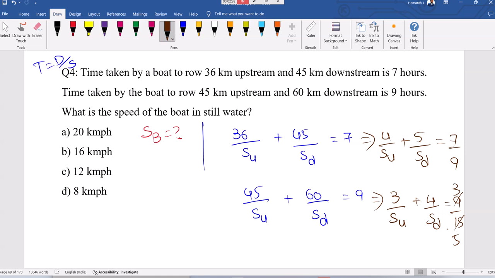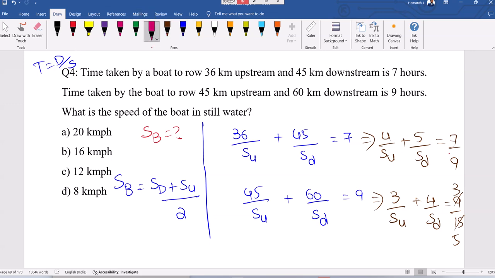We need SU and SD, then only we can calculate SB. SB is downstream plus upstream divided by 2. So we know two equations, two unknowns, but we need to check what can be done easily. Fine, we'll go with the regular method.